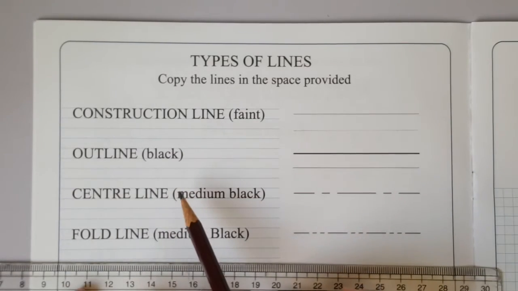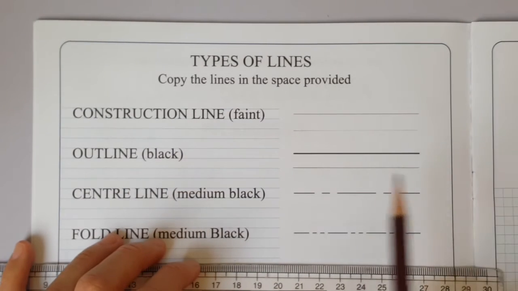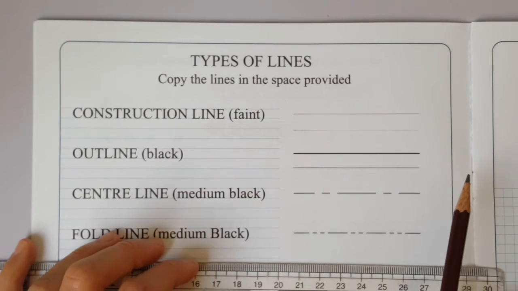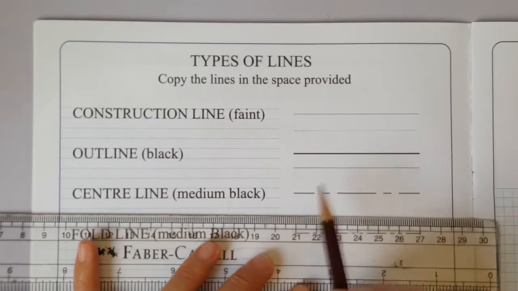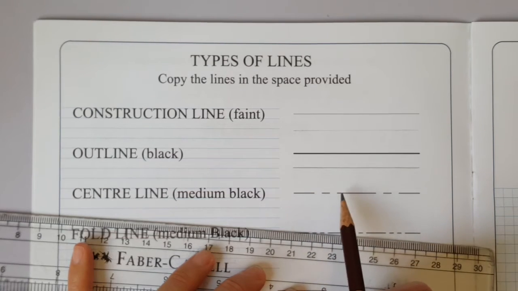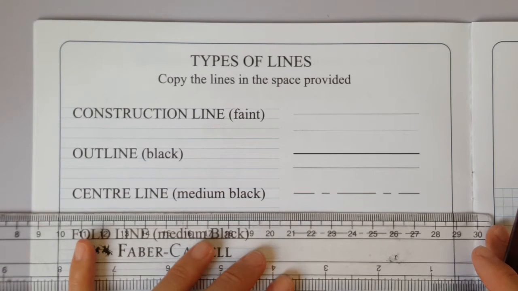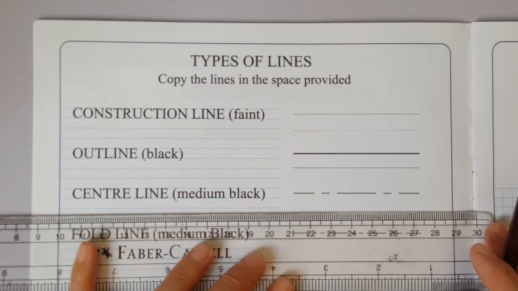Then we have a center line. A center line usually shows the center of a circular shape. Here on the right-hand side, we have an example of a center line. The center line is usually comprised of a long line, a short line, a long line in the center, a shorter line, and then another long line.